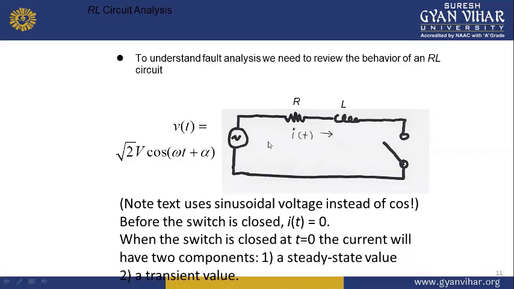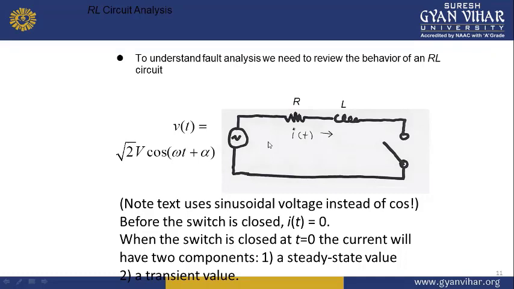The short circuit is assumed to take place at t equal to 0, and the voltage is given by root 2 V cos of omega t plus alpha. The parameter alpha controls the instant of the voltage wave when the short circuit occurs.